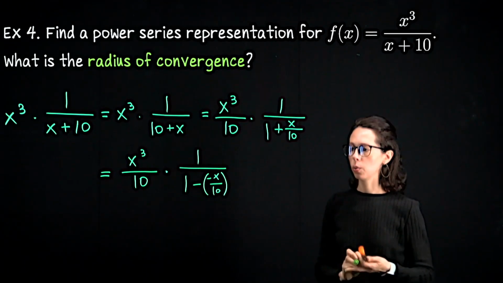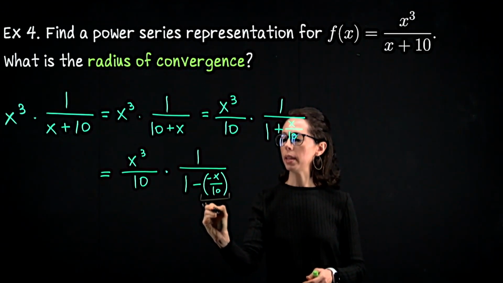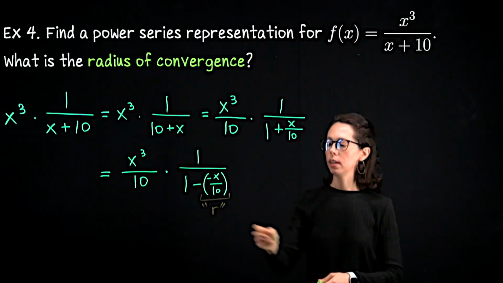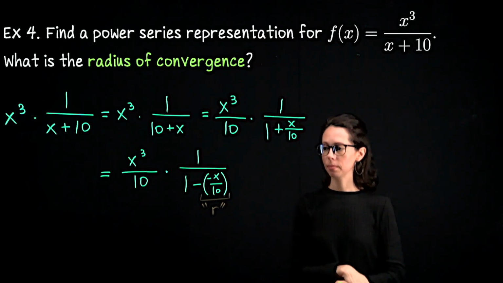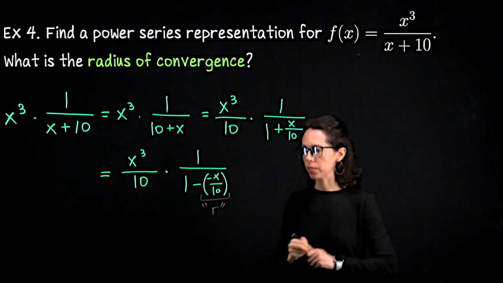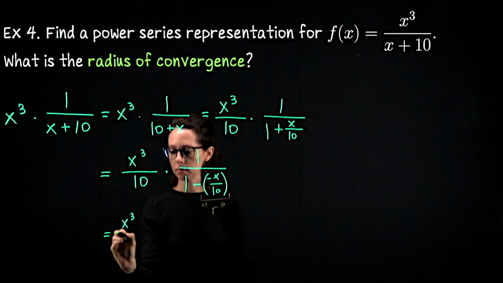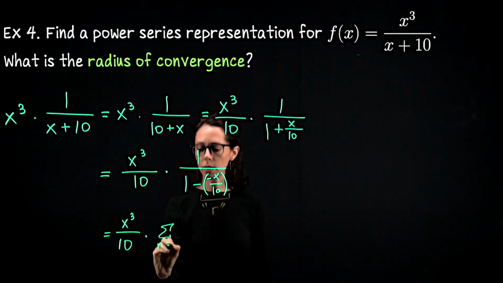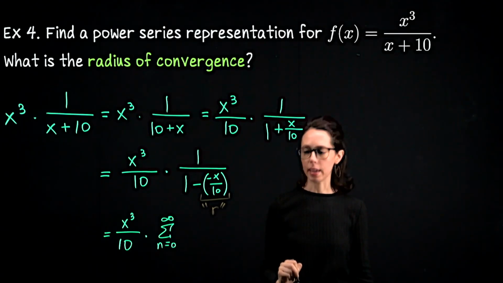Now we see the right form, where the base r for the geometric series form that we're about to put this in is the expression negative x over 10. So we can convert this to a power series. This hangs out in front just for another minute. So let's write this as x cubed over 10 times the power series going from n equals 0 to infinity, negative x over 10 to the n.